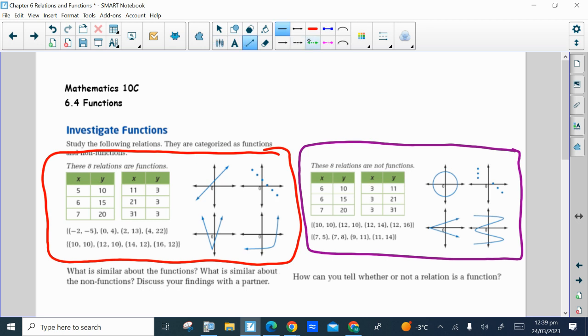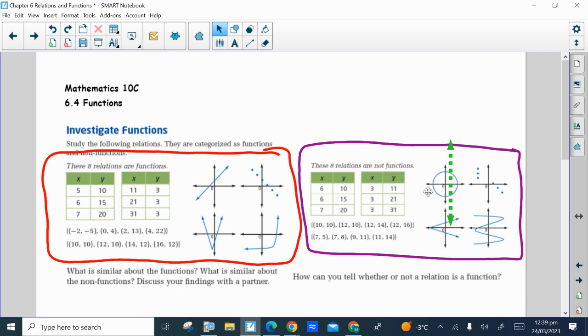And because they line up vertically, that means you can draw a vertical line through them and it'll hit all 3 of those points. When you're looking at these other graphs, you can use this vertical line method again. And when you're looking at a graph to see if it's a function or not, if you can find any place on that graph that a vertical line hits it in more than one spot, then it is not a function.